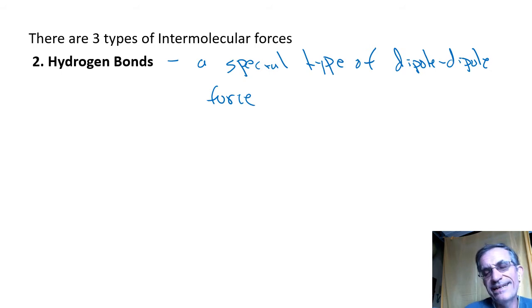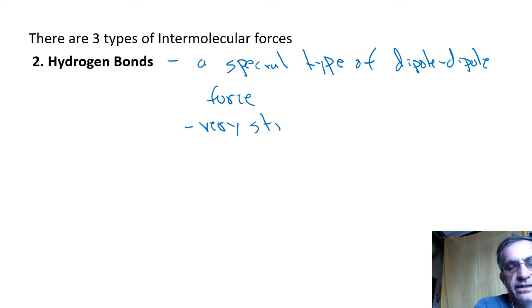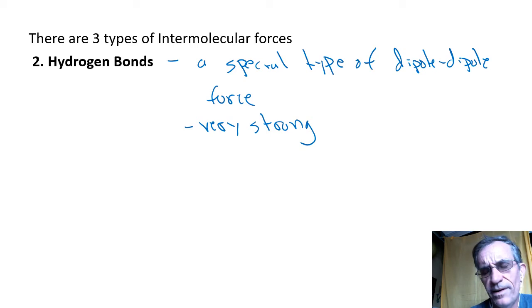Now, what makes it special? Well, the reason why it's special is that it's very strong. It's the strongest kind of intermolecular force. And the other reason why it's special is that it only occurs in a few possibilities.